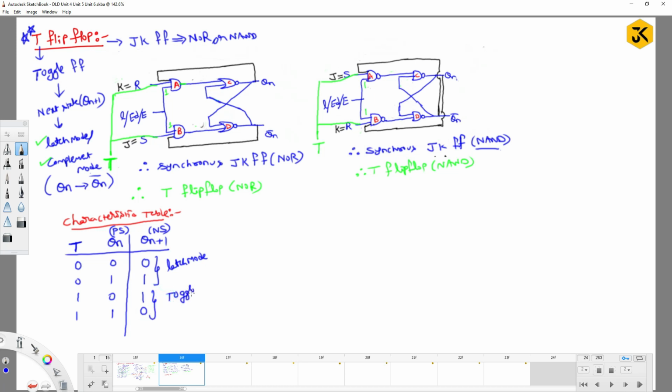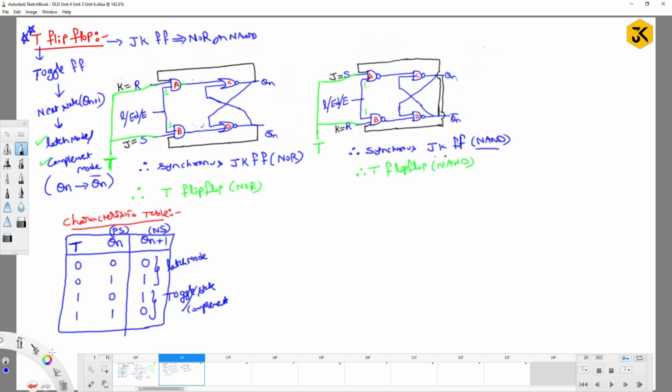We can call it the toggle state, or I can call it the complement state. So this is the respective characteristic table for the given T flip-flop.